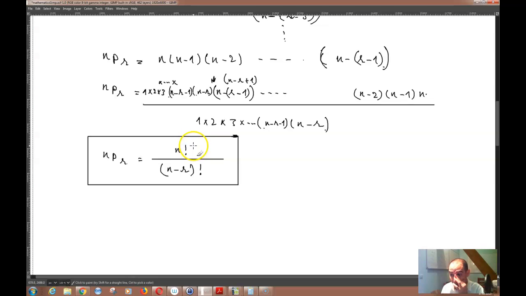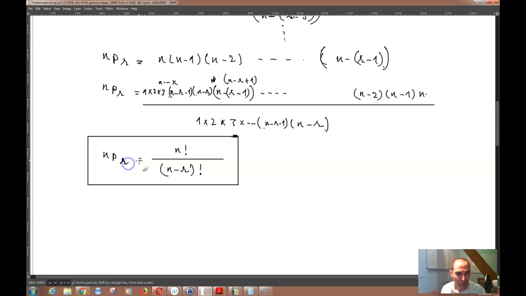And so you do need to understand how to work with the factorial notation and how to simplify it and do different operations on it, but we will get enough exercise there, so you will be good to go. So that's n permutation r, which is n factorial over n minus r factorial.